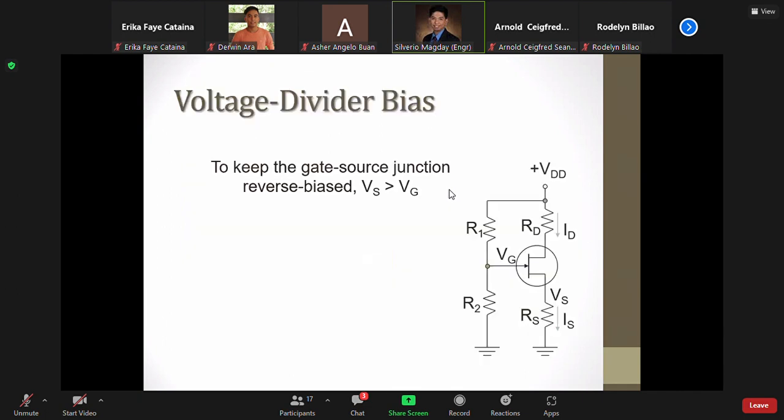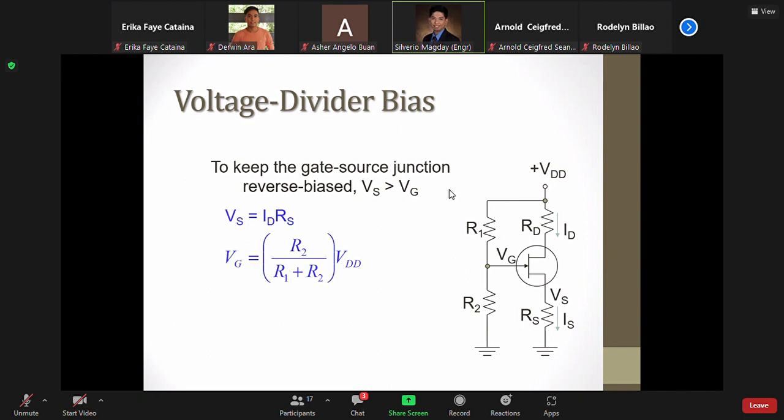So for a voltage divider bias, to keep now yung gate source junction reverse biased, it should be that your VS is much greater than your VG. Kaya nga, sa general assumption na VG is taken at 0, your VS is IDRS.